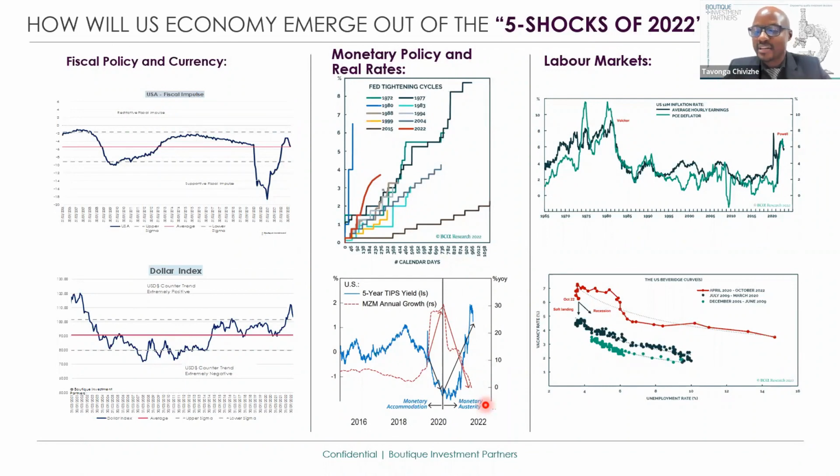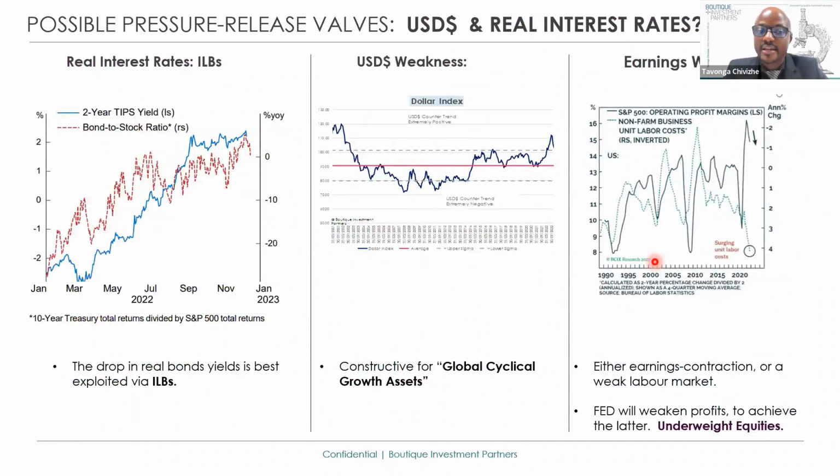If you look at our re-risking criteria, we had signals like real yields too elevated, and I think this is pretty much where they are, and the dollar too elevated. The other three factors we don't think are going to be dependable release valves for the US economy, which brings us to these two particular parts: what is going to break to allow the US economy to land softly? There has to be an aggressive weakening of these real yields back to where they were in January, which is in the negative space.